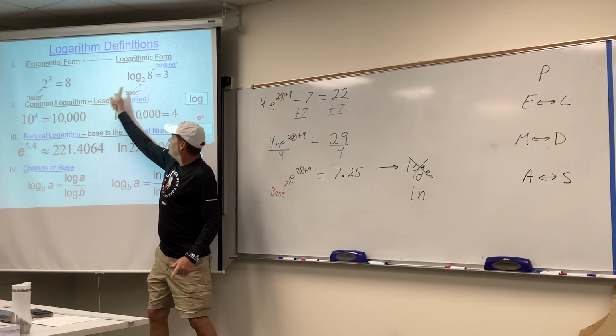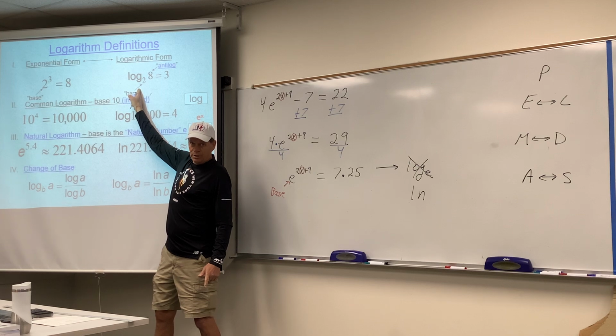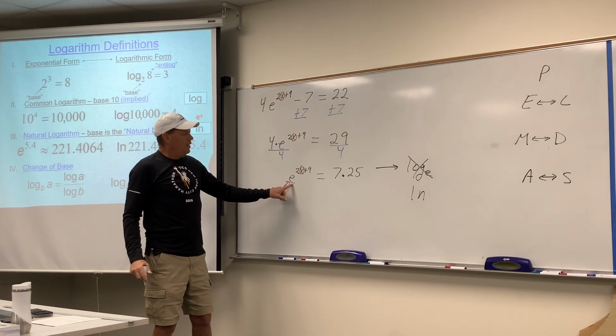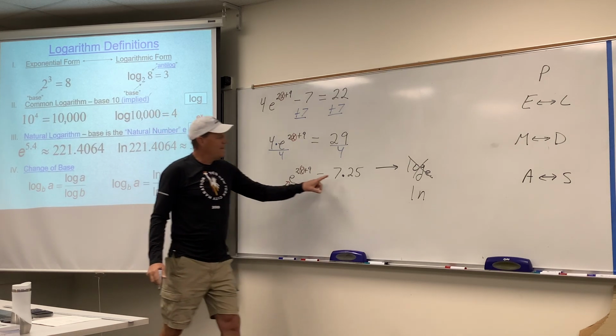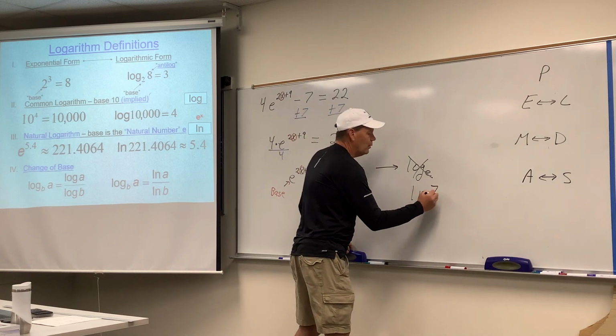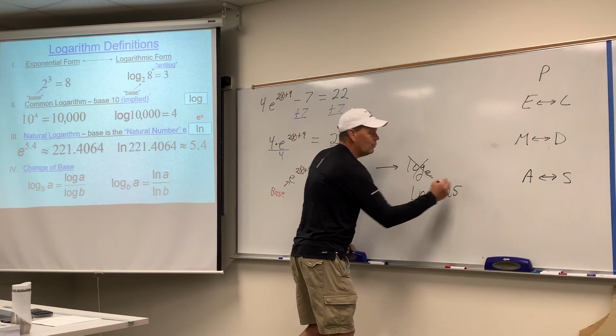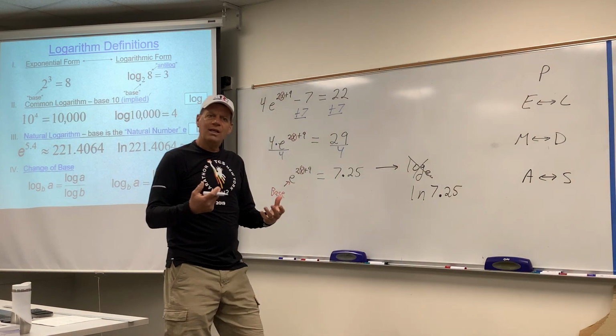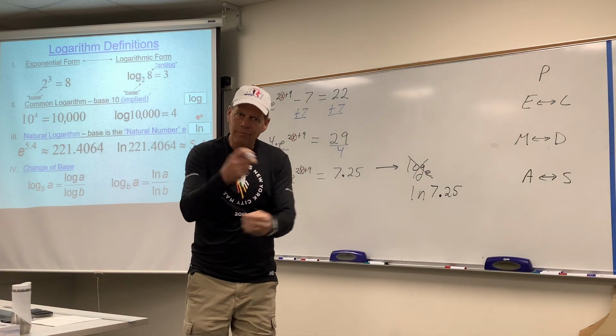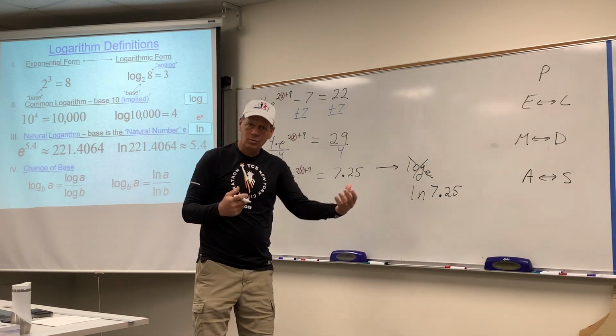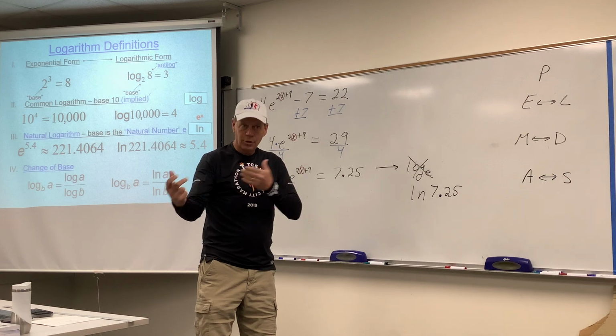Again, we're changing this over to the logarithmic expression. Following the pattern that we practiced, go back and review examples number 1 and 2 if you need to remind yourself how to go back and forth, how to convert exponential to logarithmic, and vice versa.